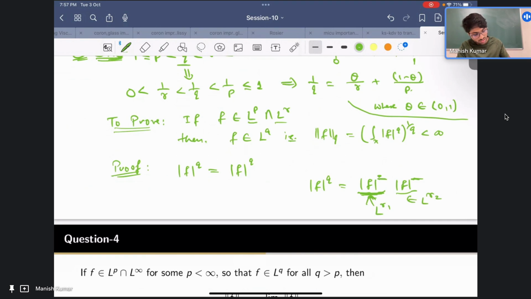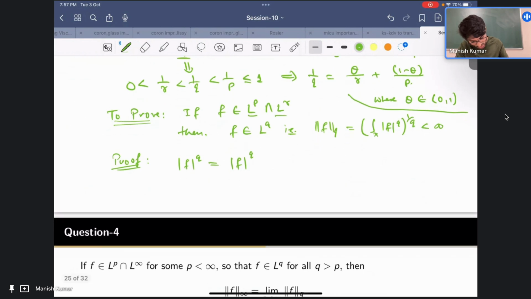Using that I'll prove that this is finite. That's the goal. It's just some calculation and manipulation, but this is the main idea. So what you can do here is use this theta that we have obtained.